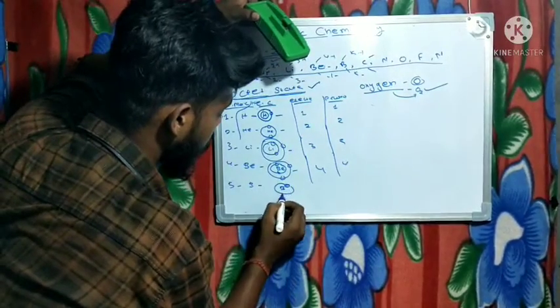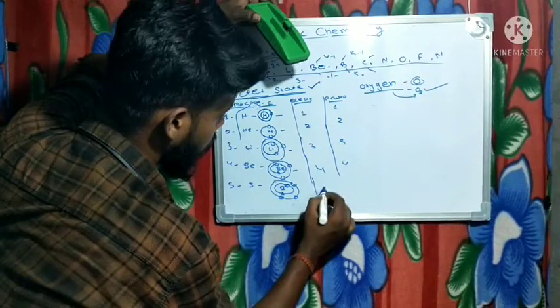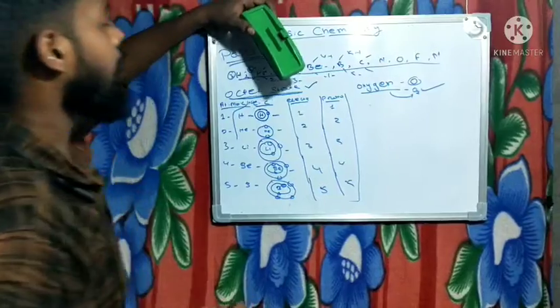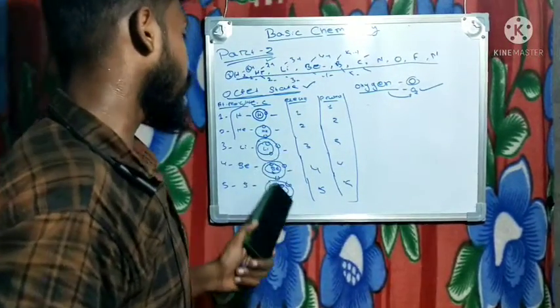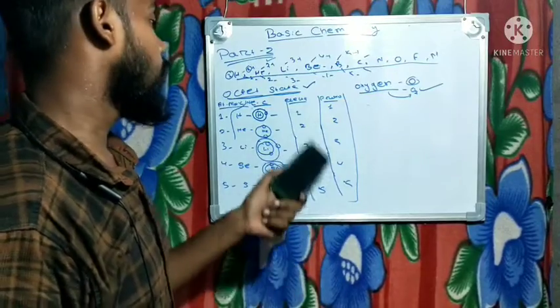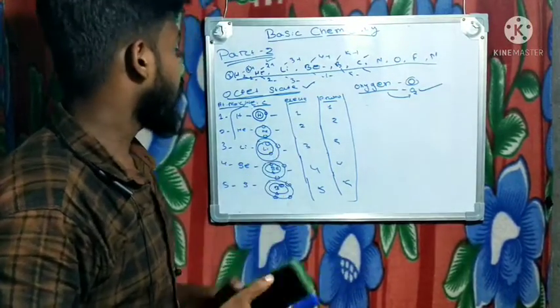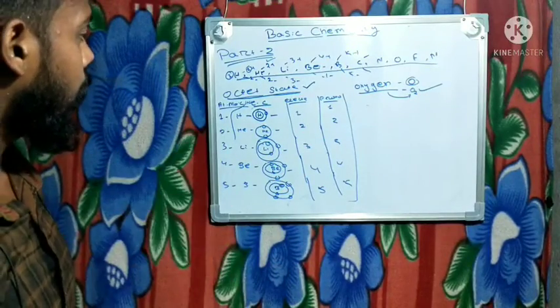Here is the electronic configuration of boron. It contains 5 electrons, and this is 5. This is also 5. Okay. In that way, we can convert any element into its electronic configuration, and we are able to know the number of electrons and protons present in that particular atom, according to the atomic number.